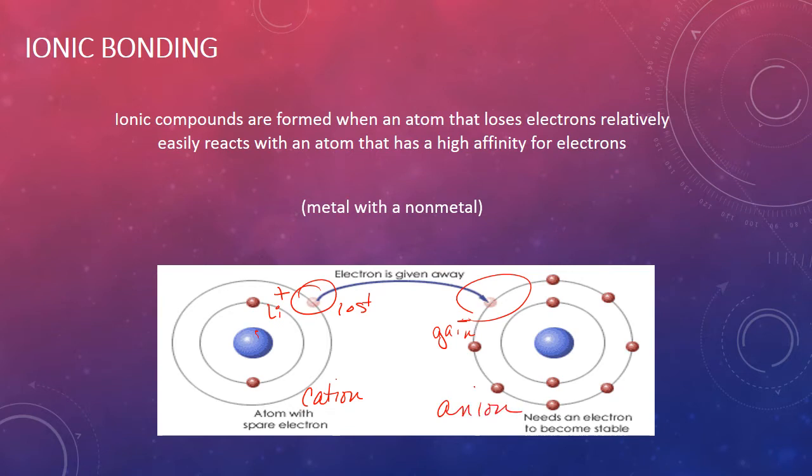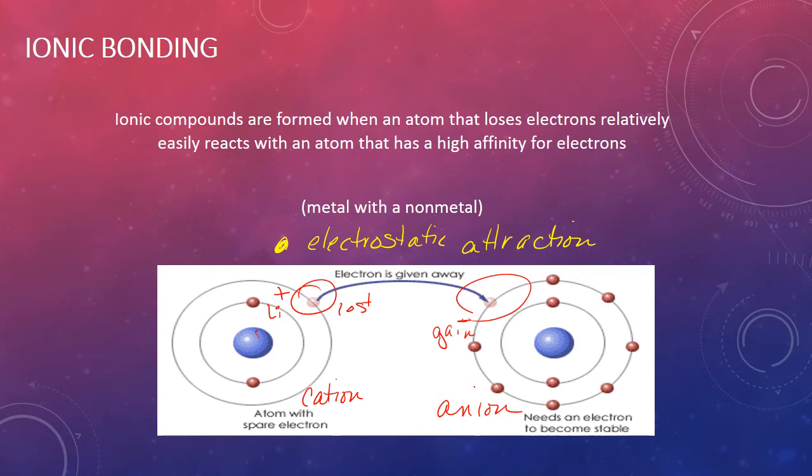This force between the two, does anybody remember what that force is called? It's an electrostatic attraction. I've seen places before where they don't even call an ionic bond a bond, because technically a bond should be shared electrons.